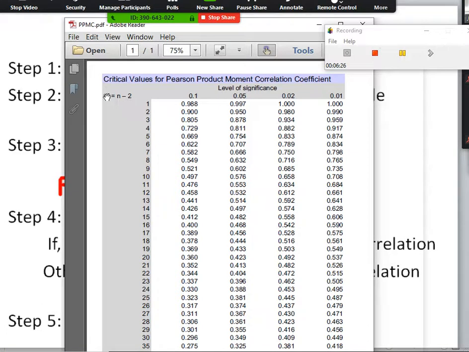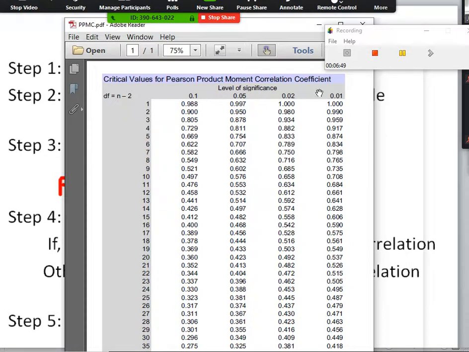Even when we had 2 samples, it's still just 1 variable, right? Heights or blood pressure or whatever it was. Now we have 2 different variables. We've got number of cars and income. Those are not the same thing at all. Those are 2 completely different things, 2 different variables. So my degrees of freedom is n minus 2 now. So you'll figure out what your degrees of freedom is, and then I'll tell you which row to use.